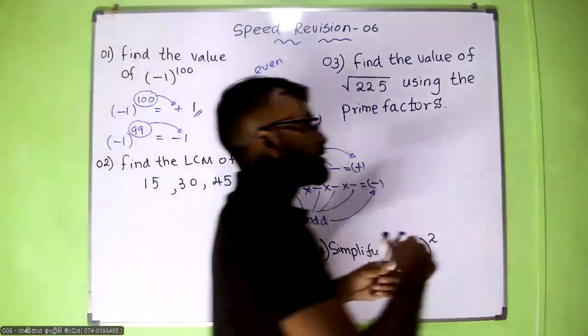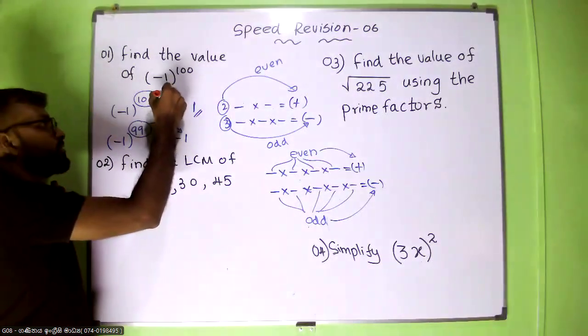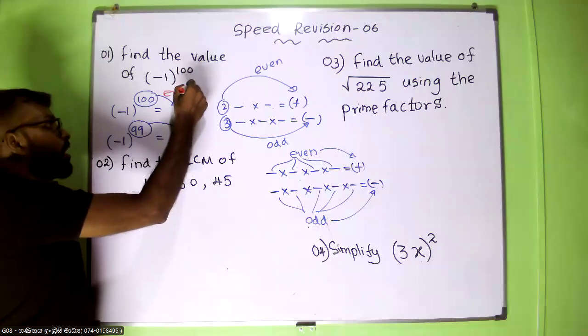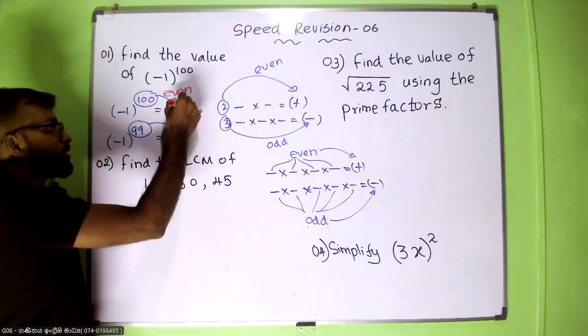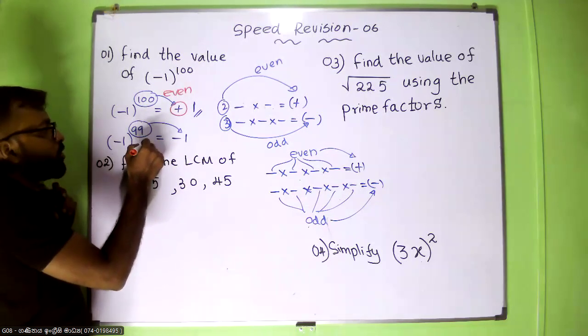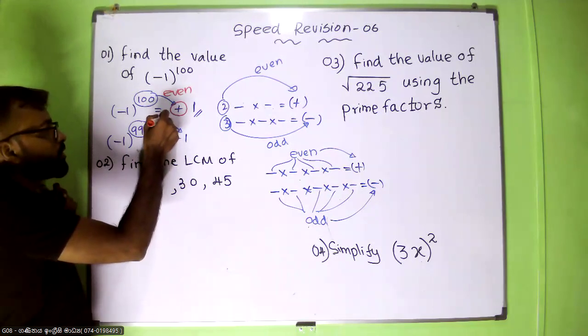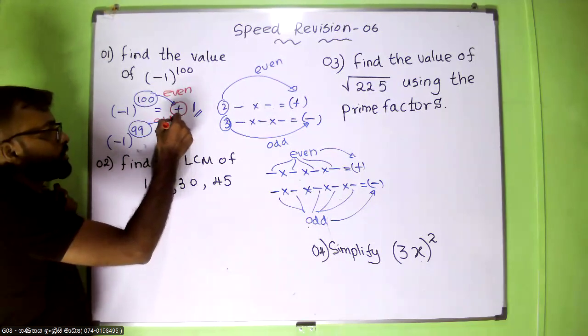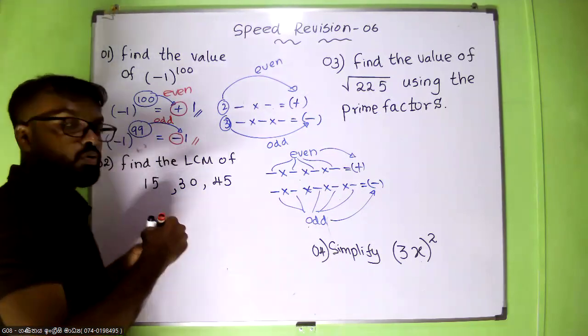I will write it. 100 power is even, right? Positive sign. Power is odd, right? Power is odd. You will end up with negative value, right? So guys, you have to write it.